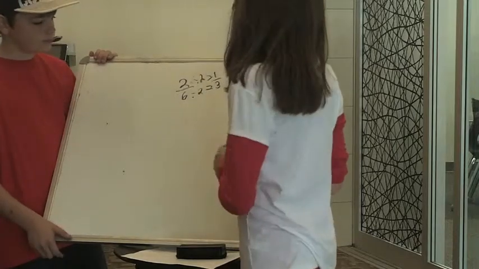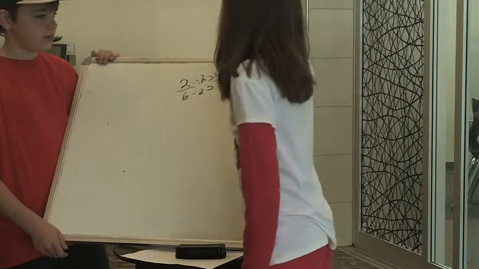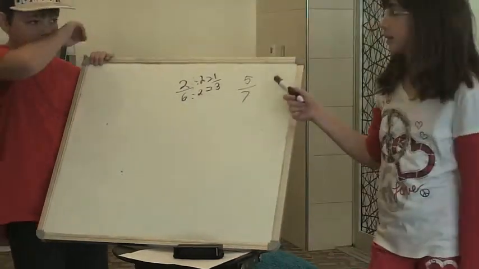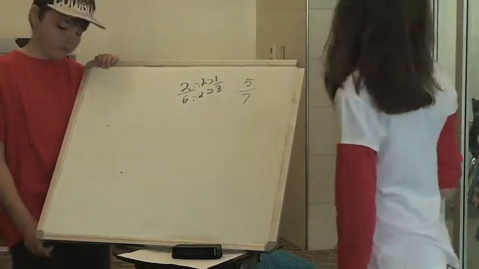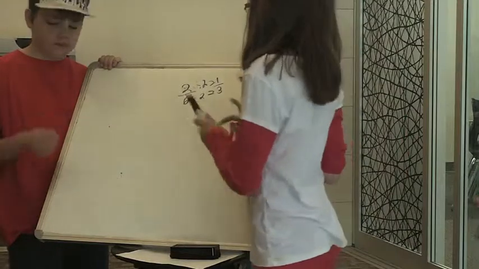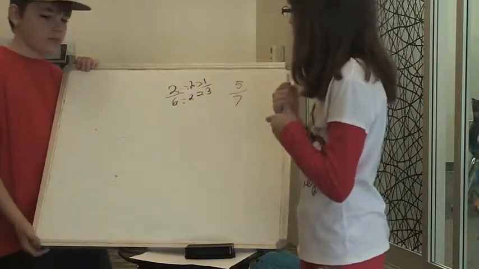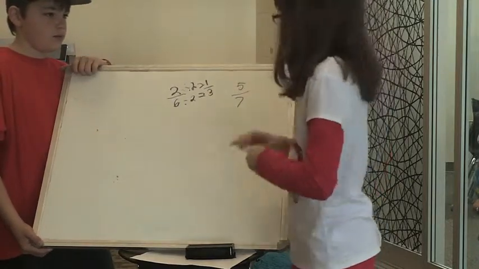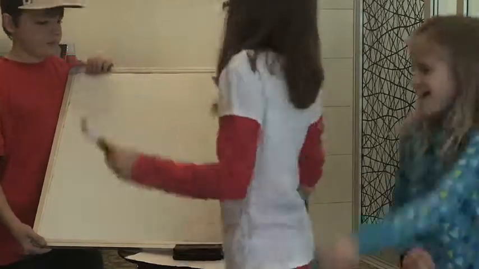So 2/6 equals 1/3. But if both of your numbers are prime, let's say 5/7, you can't. It's only divisible by 1, so you wouldn't be able to divide it by anything. So that's a little trick. You just find what numbers they're divisible by, and you get your answer for equivalent fractions. That's my trick.